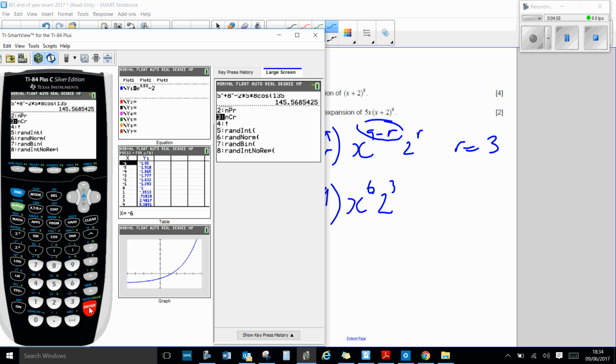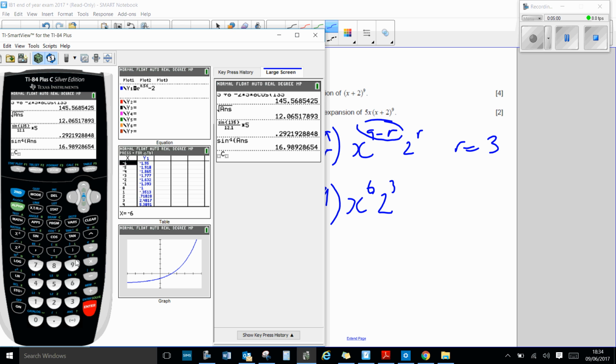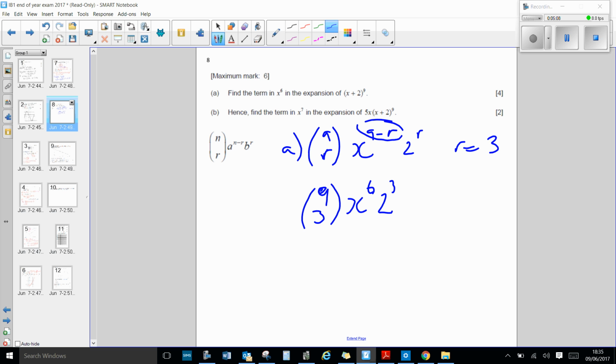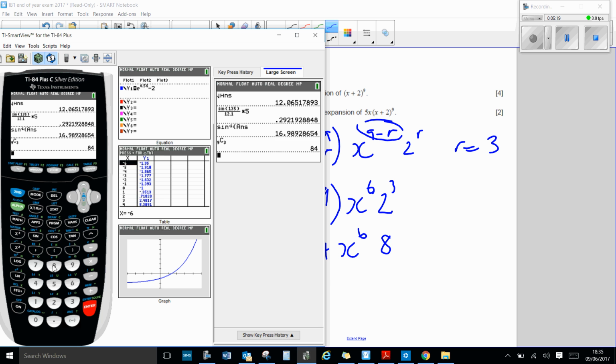Yes, good. So 9 nCr 3 is 84. So this is 84x to the 6. 2 cubed is 8. So it's 84 times 8. 84 multiplied by 8 is 672.